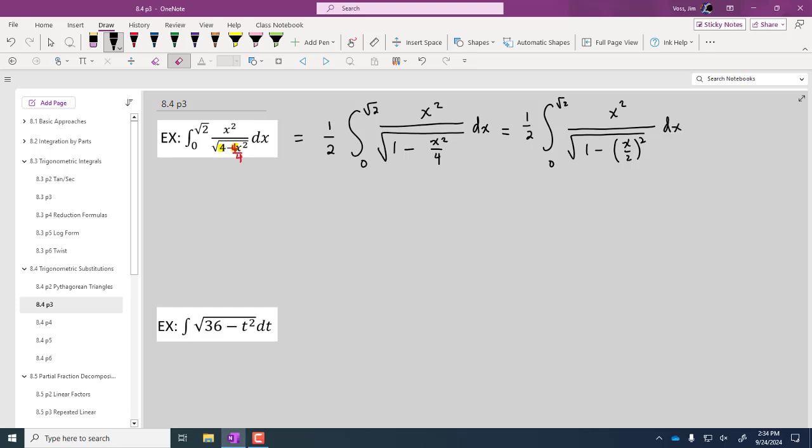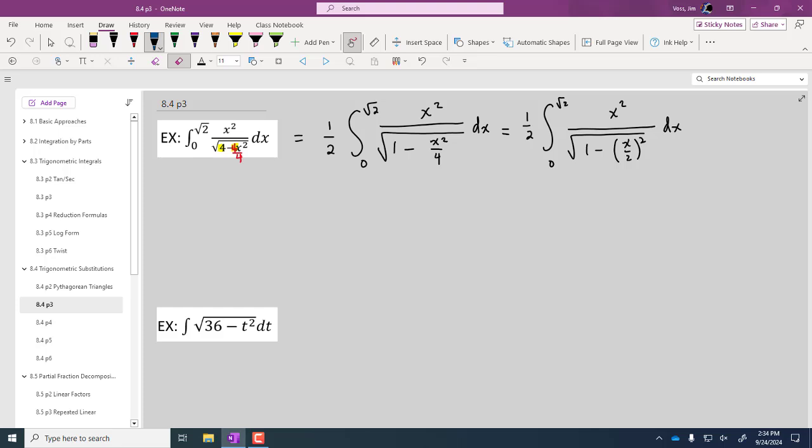And that should sort of remind you of the 1 over a thing. A would be 2 in this case. Now we're in the inverse trig form where we have a difference of squares with a leading 1. So we have a difference of squares with a leading 1, and now we're ready to do trigonometric substitution.